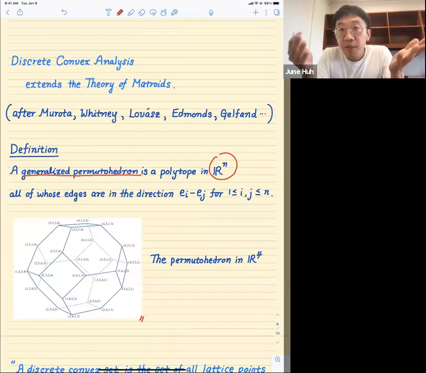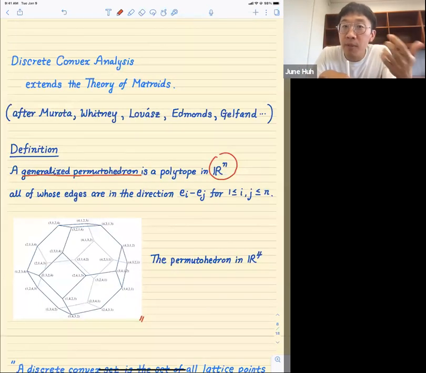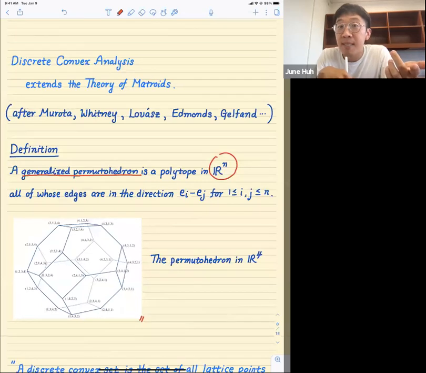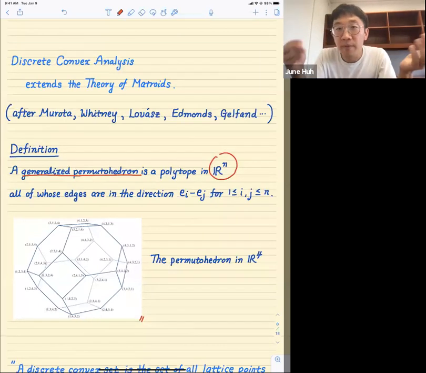And the connection to the theory of matroids was noticed after the work of Gelfand and Goresky-MacPherson, who computed the moment polytopes of torus orbit closures in Grassmannians. So if you take a point in the Grassmannian, look at the torus orbit, take the closure, that's a toric variety. And what's the polytope?